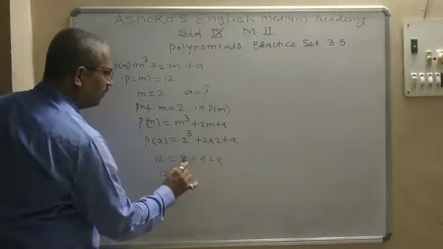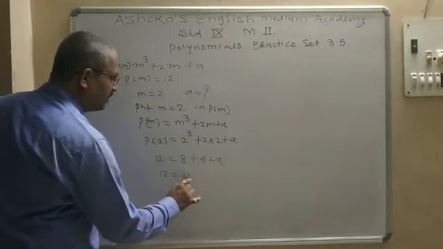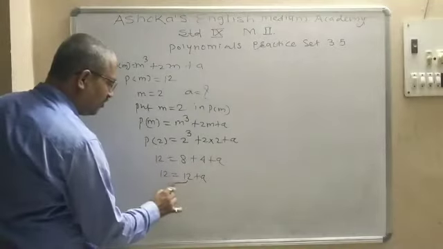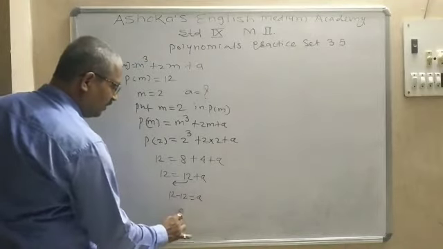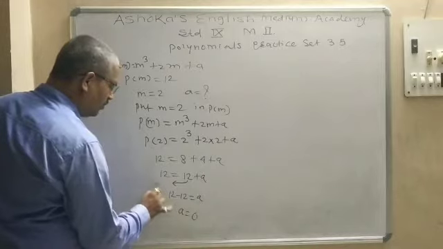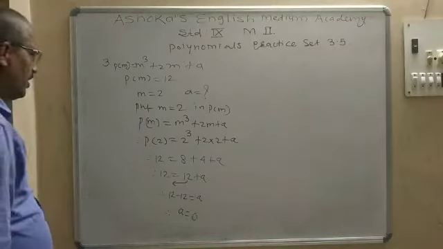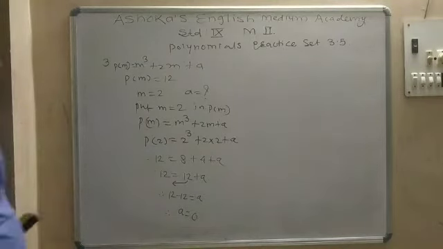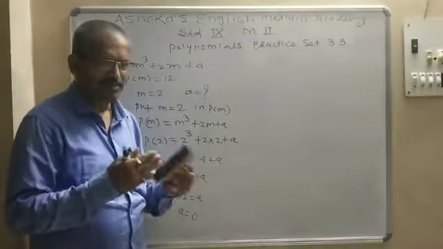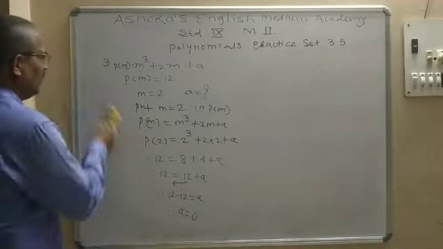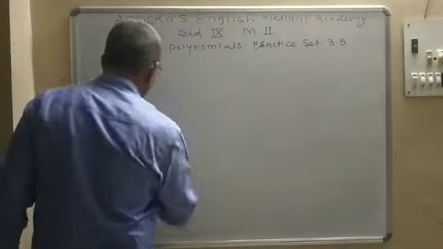Now 2 2s are 4 and 2 cube is 8. Then 4 plus 8, 12 plus a. Now this 12 will go to the right hand side and it becomes negative, and thus the value of a is equal to 0. Understand? This is very simple. If you do practice, you can solve it. You must know table calculation. You must be able to do subtraction, addition and multiplication. If you know tables up to 10, then all these questions are very simple.